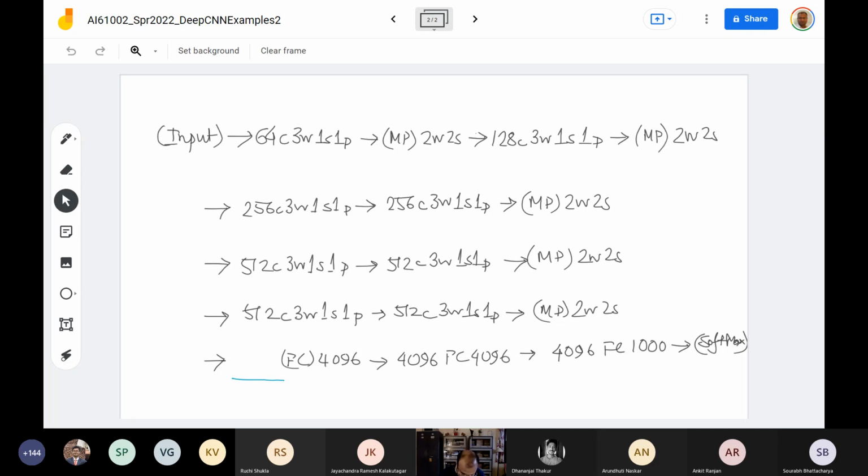No, to me it is coming as 25088. Sir, 25088, it should be. For me this is what it is coming as, 25088.